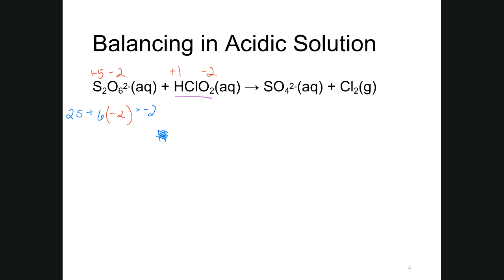So 1 plus our chlorine plus 2 oxygens, each oxygen with a -2 oxidation state, equals 0. So when we do that, we see that the chlorine should be equal to an oxidation of +3.